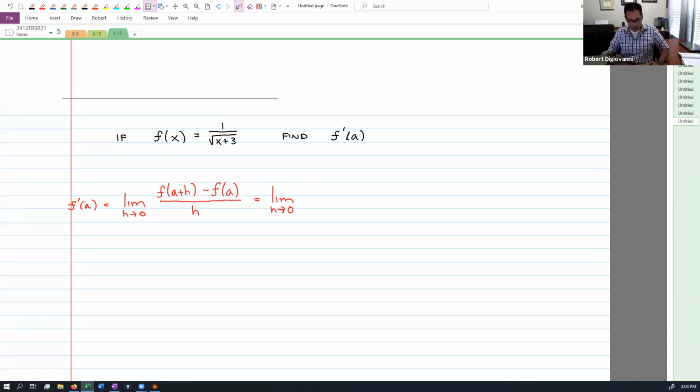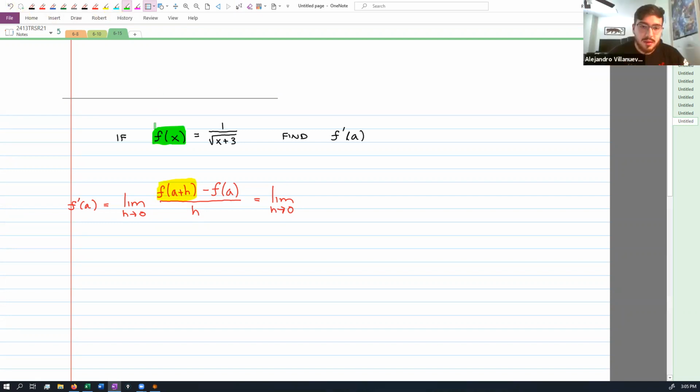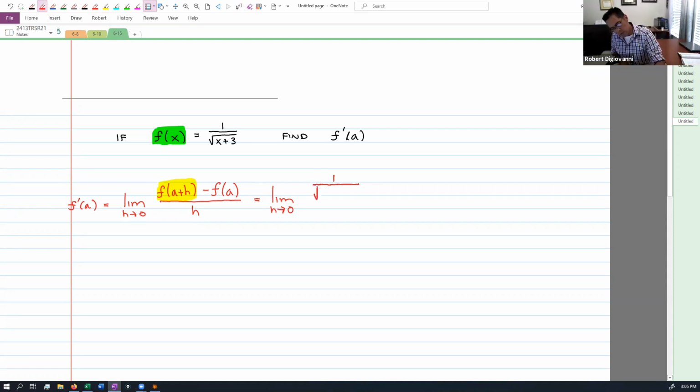All right. I'm going to ask you to help me fill this out. So tell me what f of a plus h is, and here's the function f of x up here. Would it be 1 over x plus 3 cubed? Or I guess the square root of x plus 3. What are you plugging into the function? This is the original function, right? I'm asking you to plug what into it?